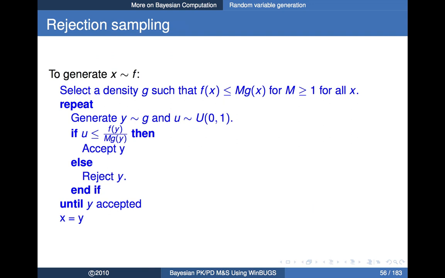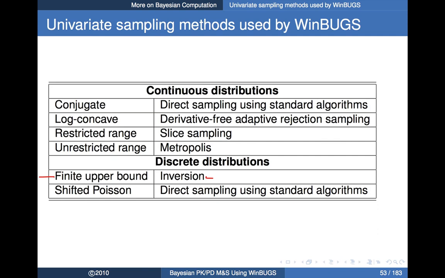Another category of sampler out there is something called rejection sampling, and this is the simple case of rejection sampling. Again, let me flip back to the slide here.